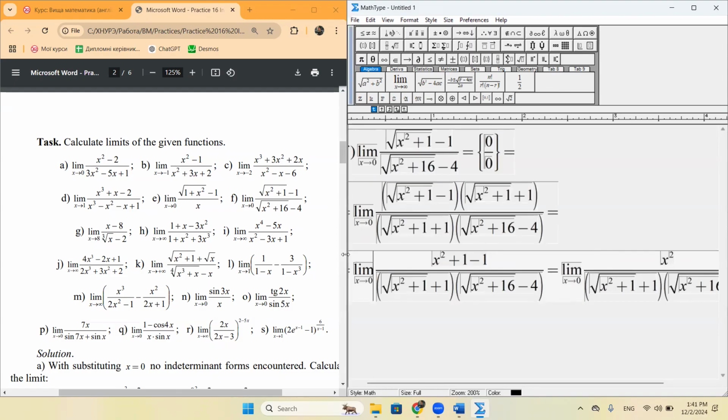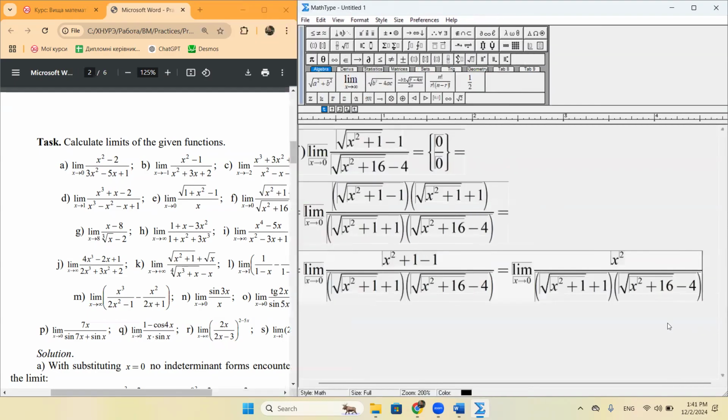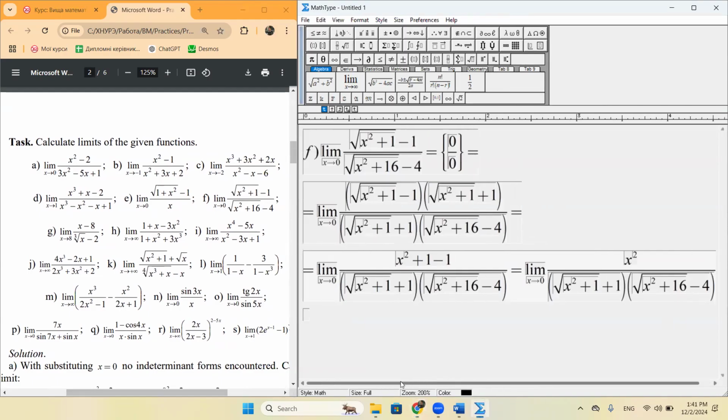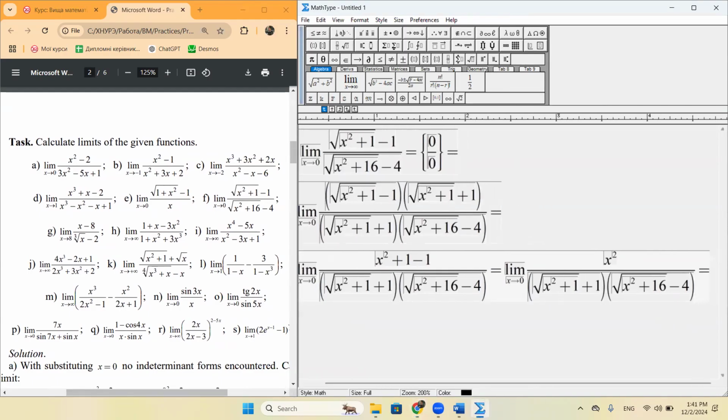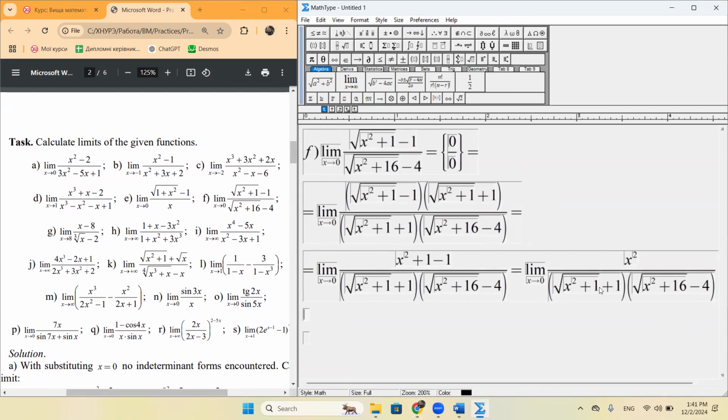Okay, and continuing by transforming the denominator for now.